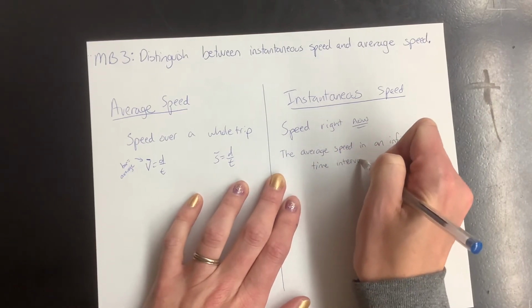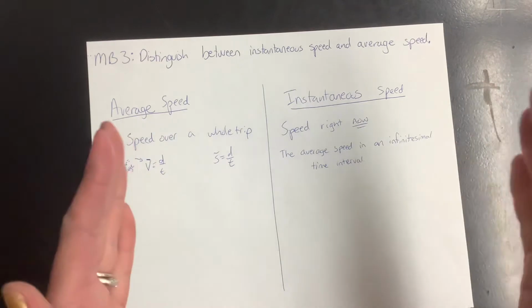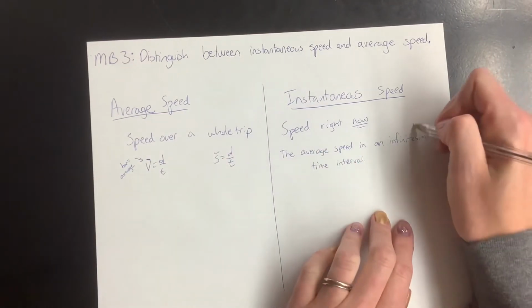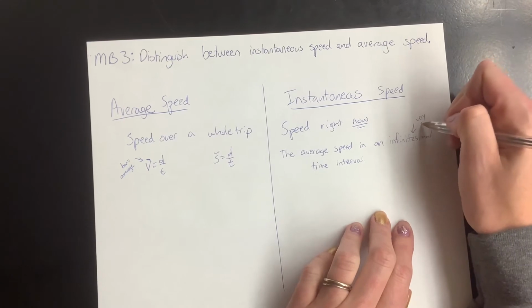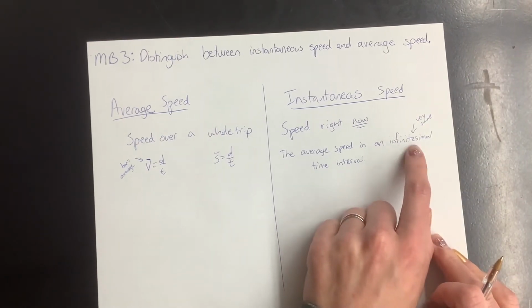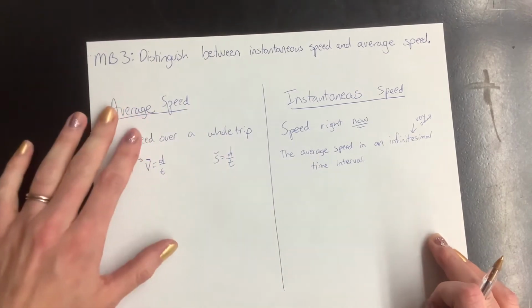So here's our whole trip, and we're going to look at this tiny little interval of time. Infinitesimal is very small. In fact, if you're in AP Physics C, infinitesimal is going to be a limit, and eventually will be a derivative, which we'll talk about later.